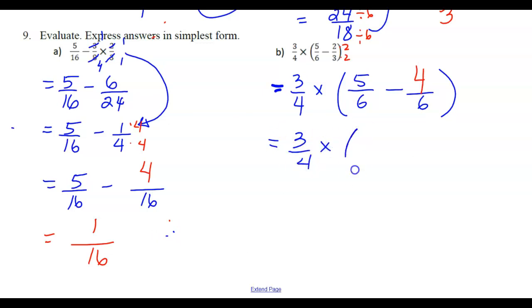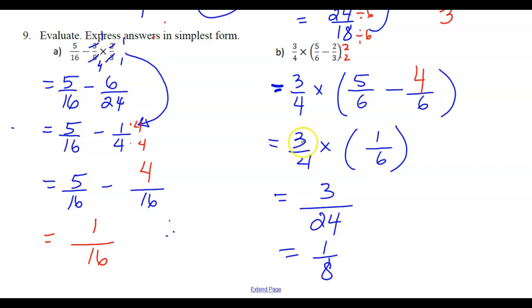And then in the brackets, denominator 6, 5 minus 4 is 1. And now it's a multiplication question. 3 times 1 is 3, 4 times 6 is 24, and reduce that. Or you may have seen that 3 goes into itself once, into 6 twice, and gone right to the 1/8.